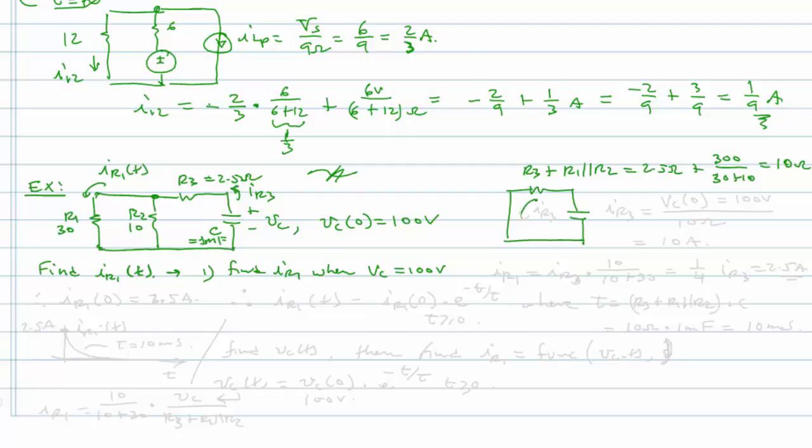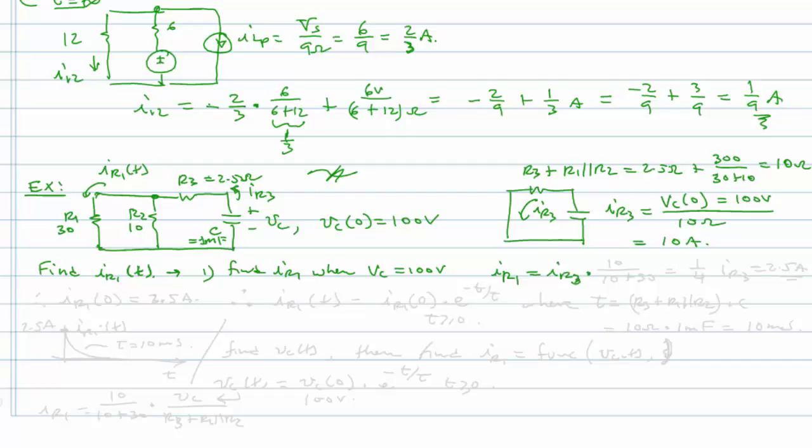Okay, so I can write that the total current flowing IR3 is simply VC of 0, which is 100 volts, divided by 10 ohms, which is going to be 10 amps. Then, secondly, IR1 is just the current division of IR3.